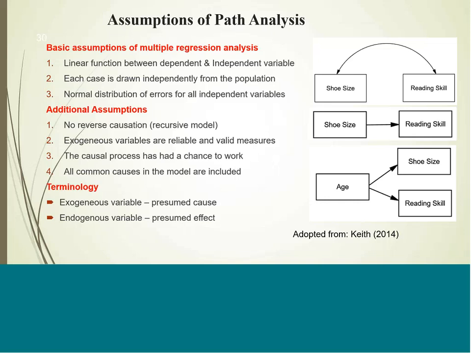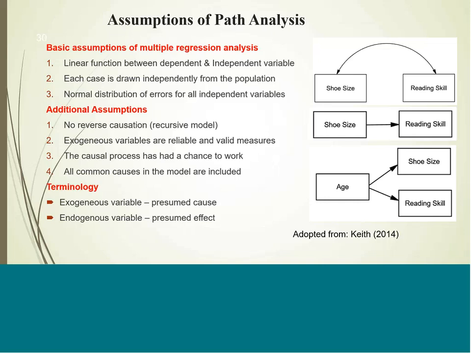For instance, I can try to analyze whether students' shoe size relates to or predicts reading skill. But it's not about the shoe size. It's about something else, which is age. So there is an intervening variable that can be related to both shoe size and reading skill.